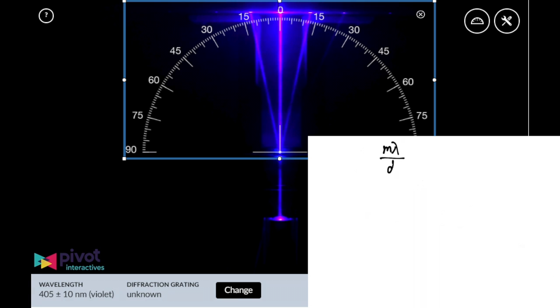You're going to use the equation m lambda over D equals Y over L, so Y is equal to m lambda L over D. The line spacing D is what you got from the previous part, and L is the distance, 100 millimeters. m is 1, the first order maximum. And so you can calculate Y.